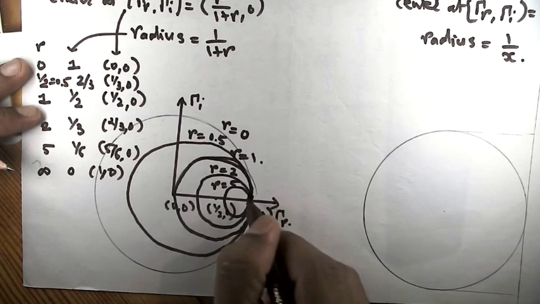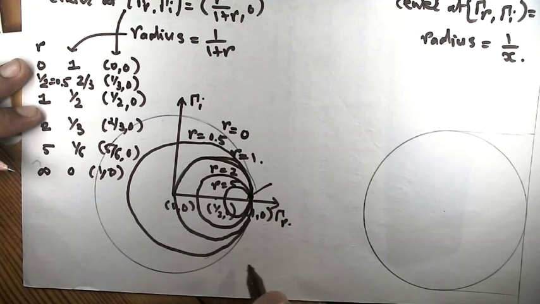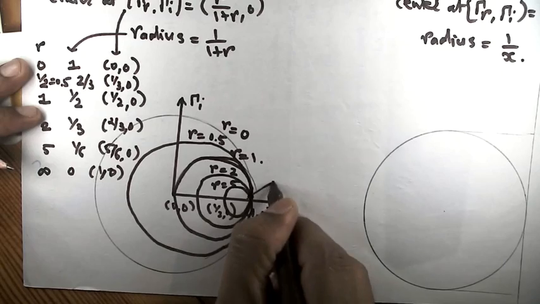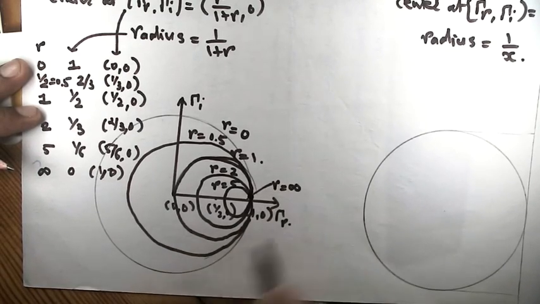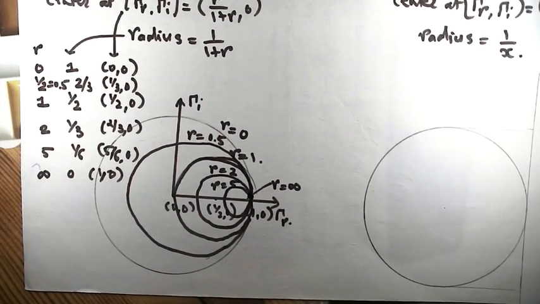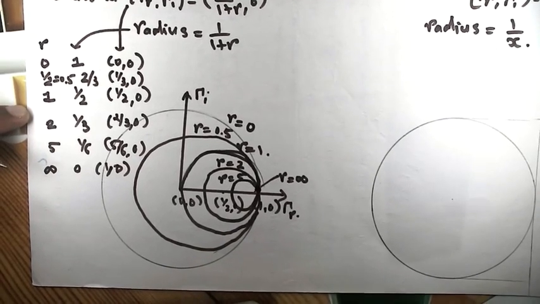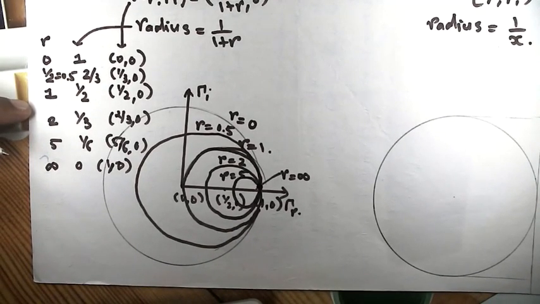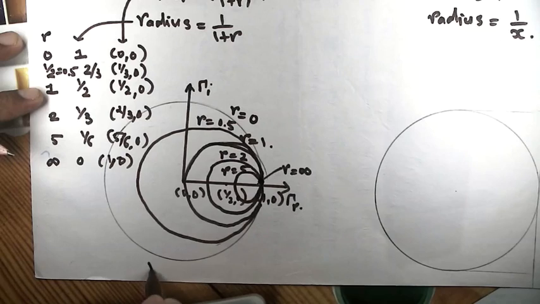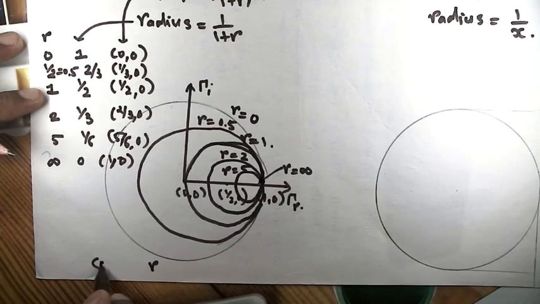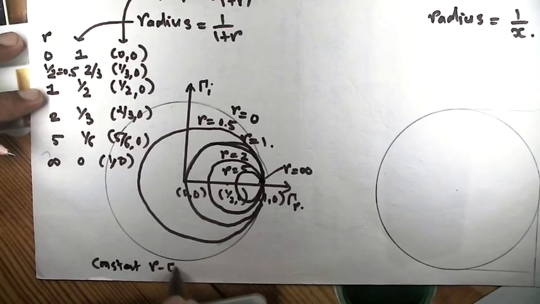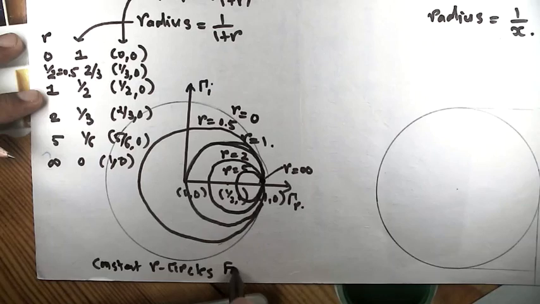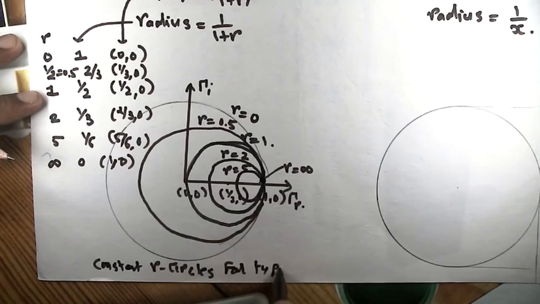So this rightmost point 1 comma 0 is nothing but the r equal to infinite point. This way, we can say that these are constant r circles for typical values.